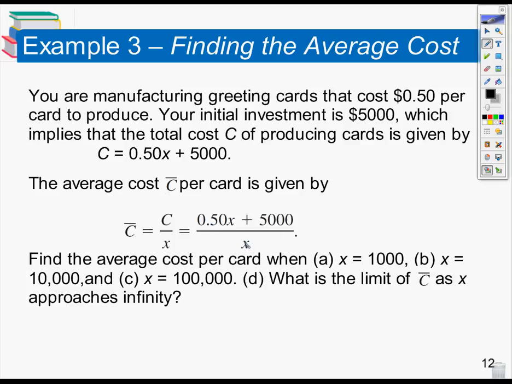So that's my function. And what I want to do is see what's the average price when I make 1,000 of them, when I make 10,000 of them, when I make 100,000 of them, and let's say that I'm going to keep going and keep producing, and I'm going to approach infinity. What's the average price as that goes on forever?